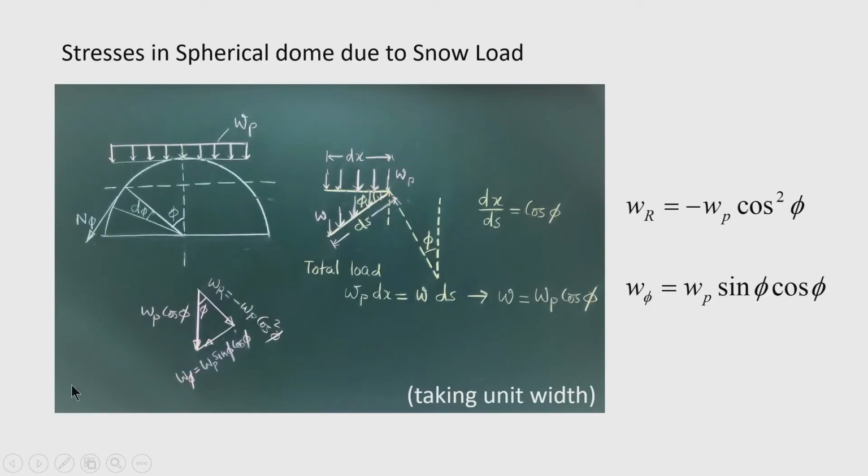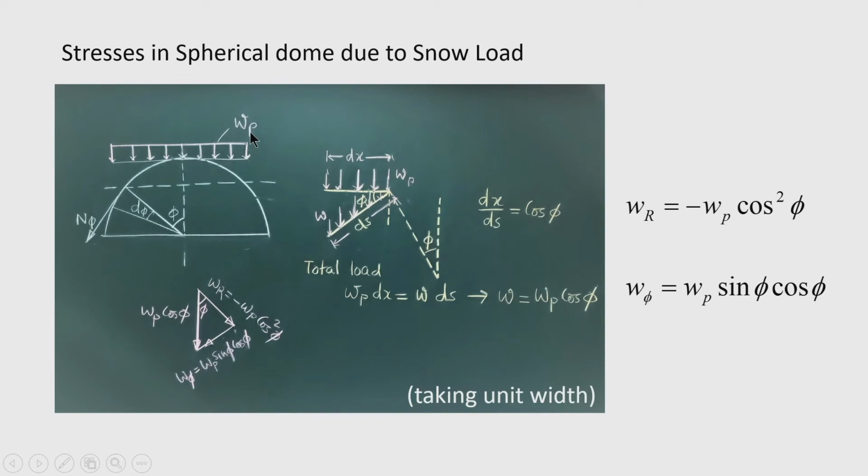Now, let us see how the shell responds to the load which is acting over the horizontal surface. Now, previously we have taken the load is acting along the surface of the shell. The surface of the shell is curved, but here the load is taken on the projected surface, that is on the horizontal plane.